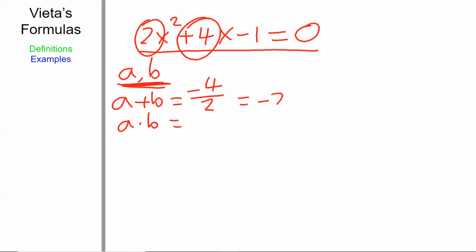And that's negative 2. And the two solutions multiplied together will give you positive of this term divided by this term. So positive negative 1 is still negative 1. So negative 1 divided by 2 is negative 1/2.